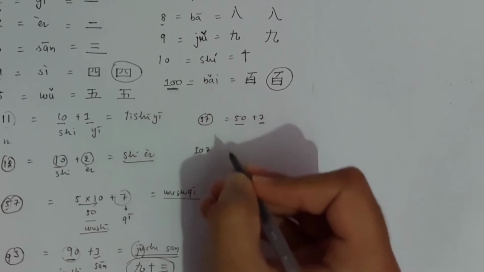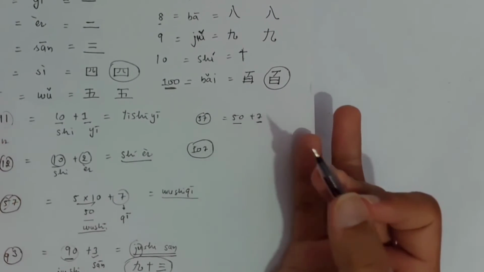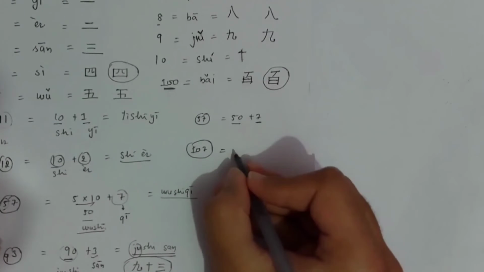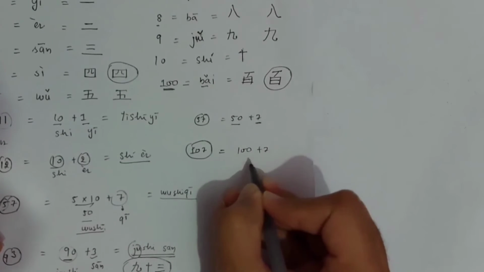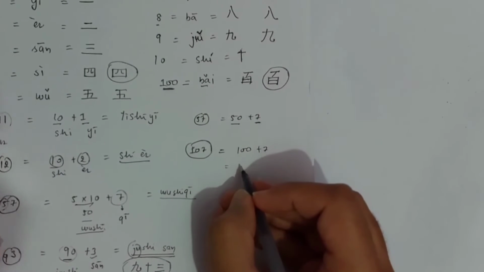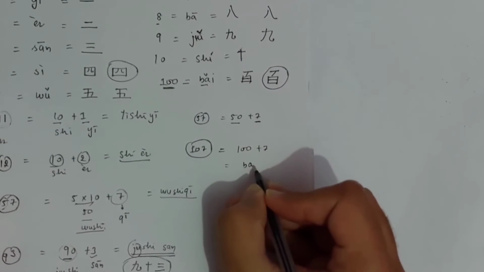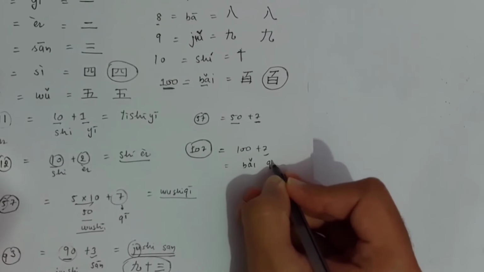Bai means 100. So if we get the number 107, how do we pronounce 107 in Chinese? We say 100 as bai, so 100 plus 7. So it is bai, and it is qi.